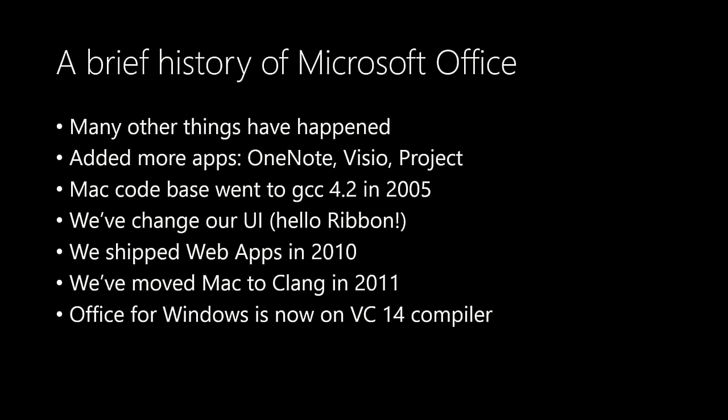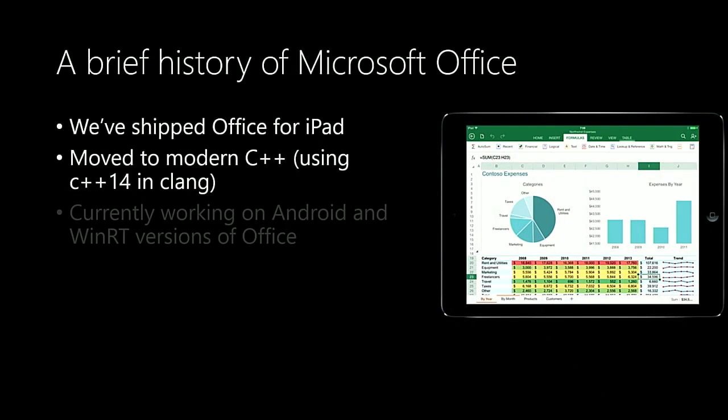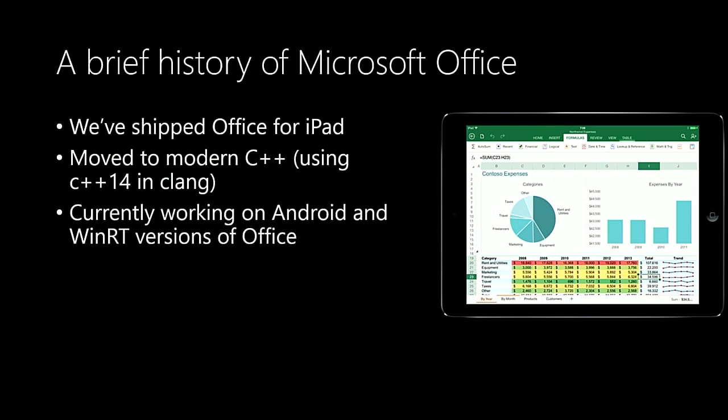And we shipped Office for the web, so actual HTML apps that you can use in a browser. And we are on version 14 of the VC compiler by now. And we killed Clippy. So that was innovation of the decade, number two, with a single feature. That was a lucky coincidence for us. Actually, the email that went out when this change was checked in was amazing.